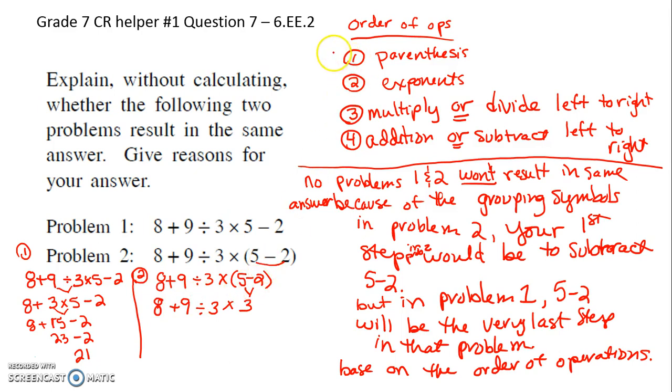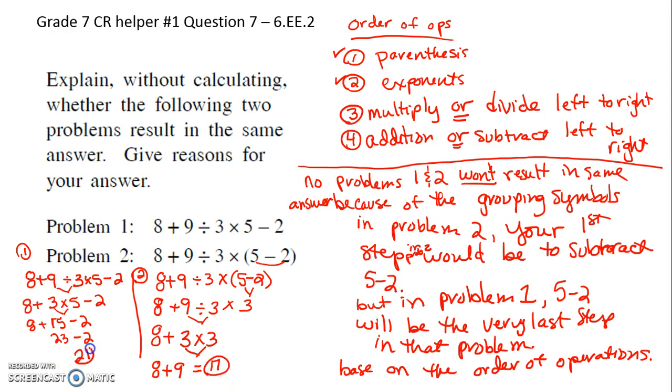So I took care of my parentheses, I'm all set. There are no exponents. Next step, multiply or divide left to right. So as I look left to right, I have to divide before I multiply. So that's 8 plus 9 divided by 3 is 3 times 3. Again, I'm still at this step. I need to multiply before I add. So that becomes 8 plus 3 times 3 is 9, and 8 plus 9 is 17.